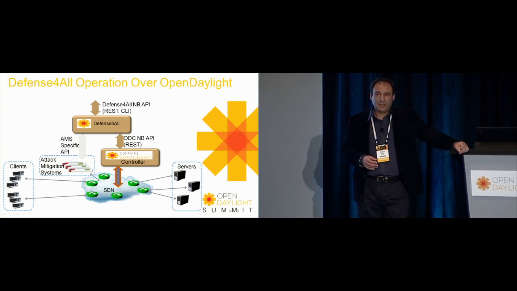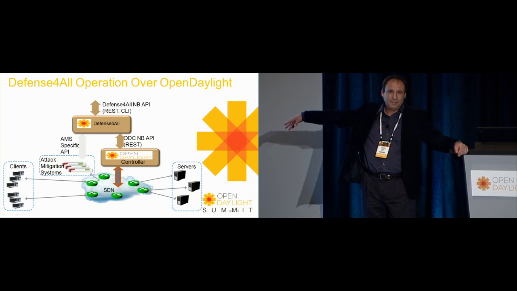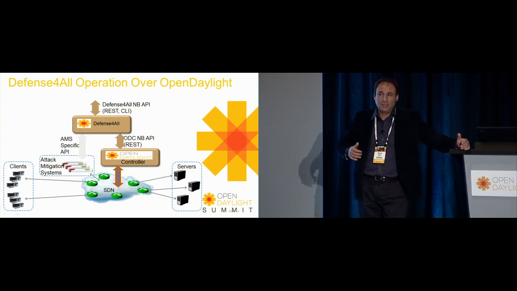Like service providers, they may want to protect their infrastructure. So they just may want to say, I want to protect that link. Whatever comes through that link, I want to protect it. I don't care about the servers. I just care about my networking infrastructure. So that's one use case. Another use case is a data center, right?